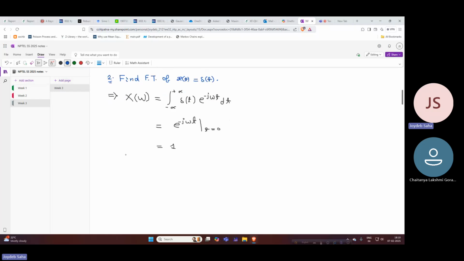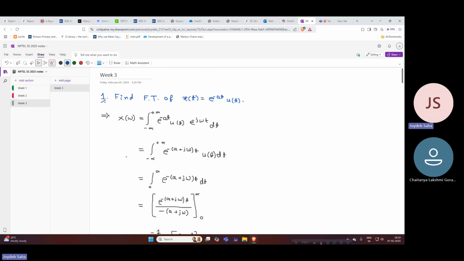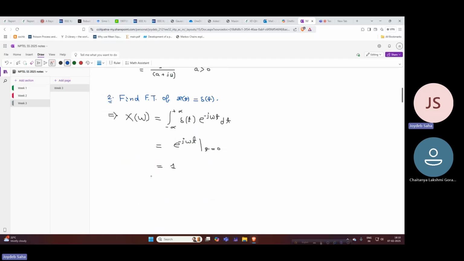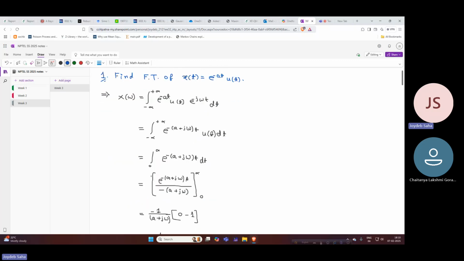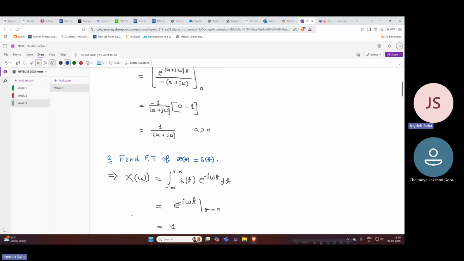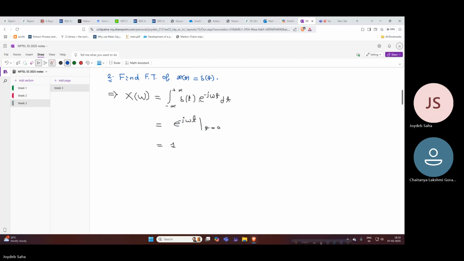Next question is very interesting, but before that you take 2-3 minutes and try to understand what we have done till now. First, try to understand question 1. Then we will proceed for the next question. Especially this question, you please try to understand what we have done here. It is a very interesting and important question.